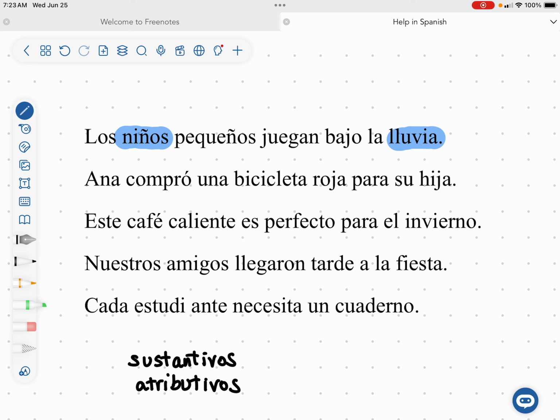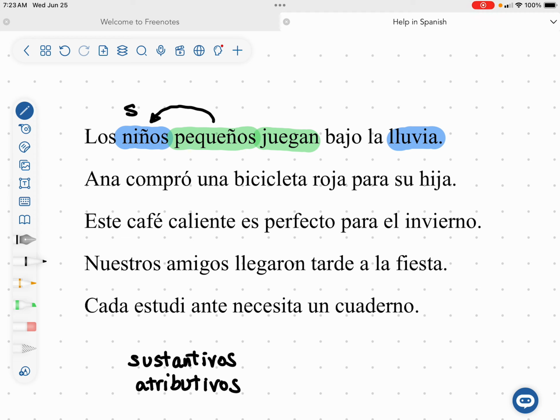The next most important word is what that subject is doing. In this case, juegan is the word that describes the action. In this case, it's a verb. And there's one more in this sentence, and it's pequeños, because pequeños describes niños.